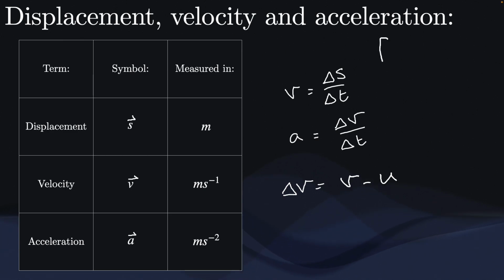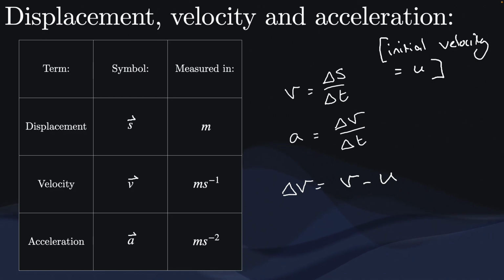So I'm just going to put up here, initial velocity is given by u. So delta v is v minus u, the change in velocity. And delta t, we'll just call it t.